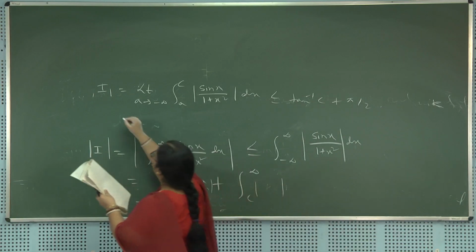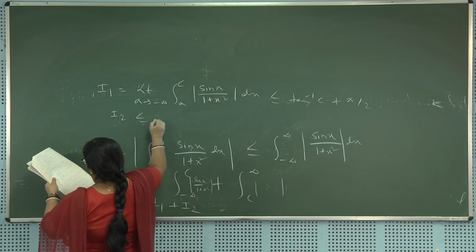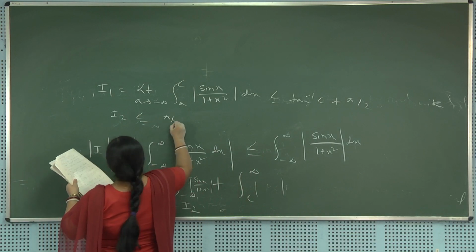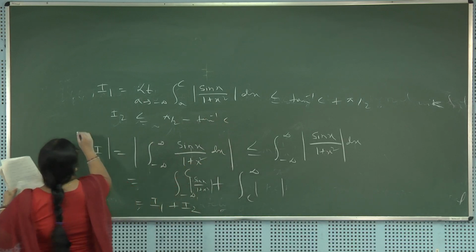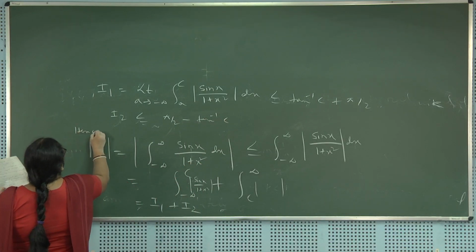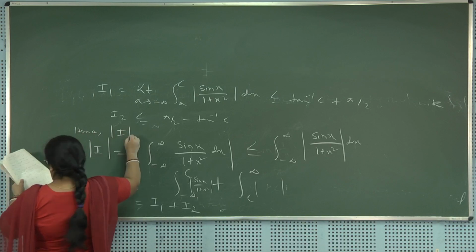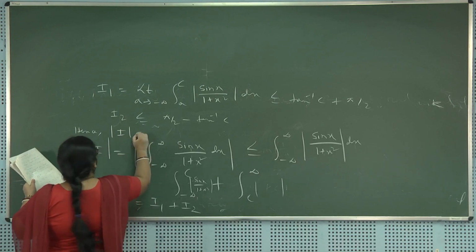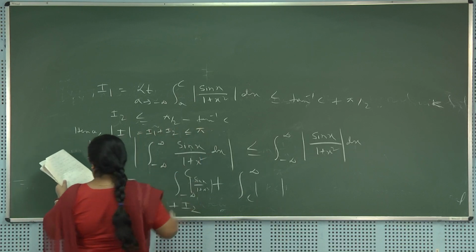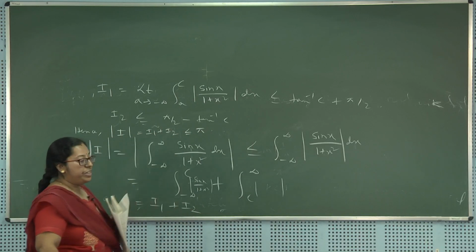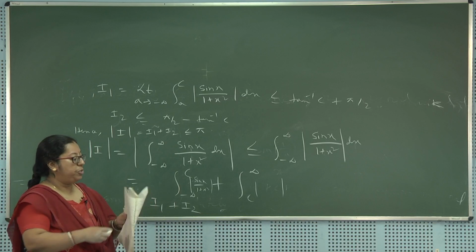Similarly, I2, if you work out, will be less than or equal to pi by 2 minus tan inverse of c. So if you add it up, we can show that mod of I is less than or equal to I1 plus I2, which is less than or equal to pi, and hence our given integral converges absolutely.